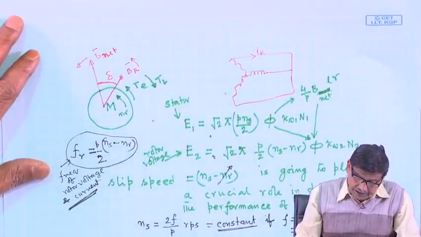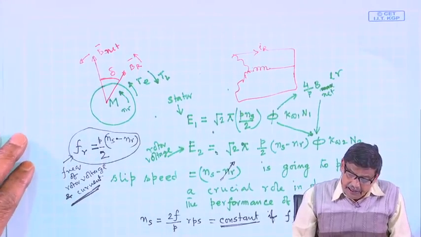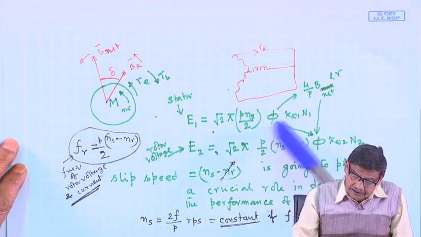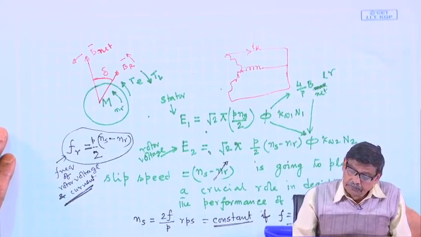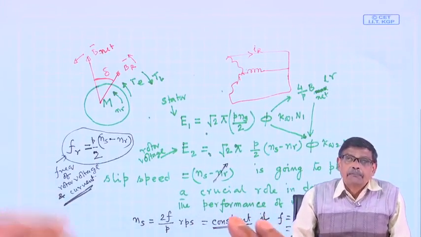Okay. Now, coming to the discussion, we were doing this slide last time, and I told you this is the induced voltage per phase, and I was making a very important point.